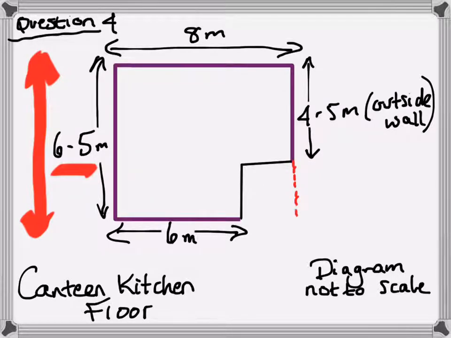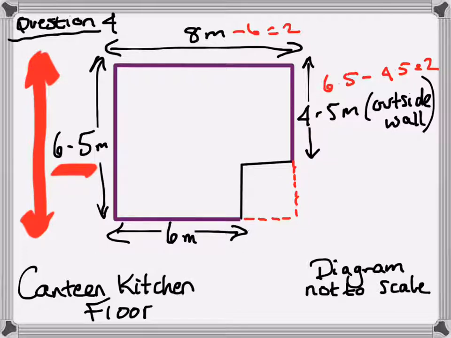point and this point, you've got 8 minus 6 will give you 2, yeah? 6.5 minus 4.5 will give you 2, okay?